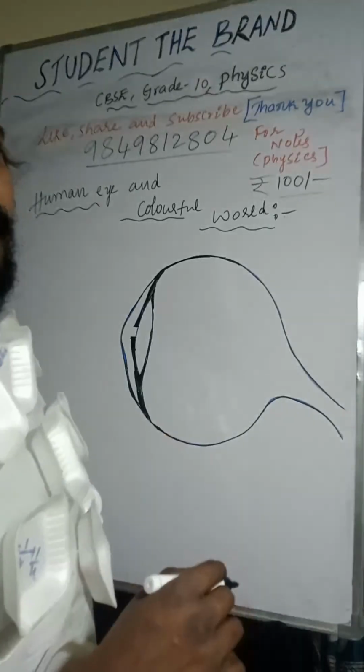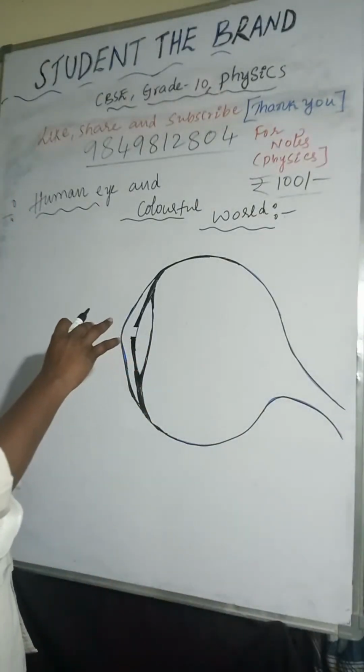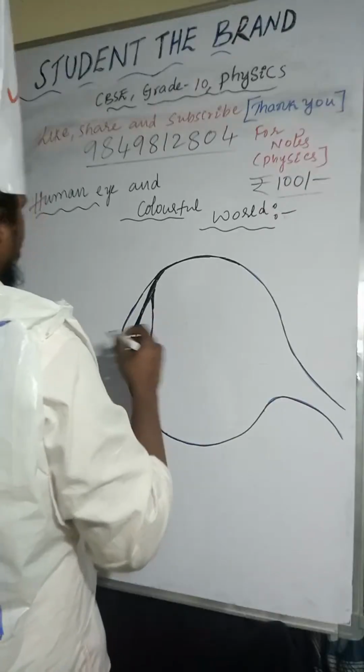Okay, so cornea: the frontal, protective layer of the human eye is called the cornea. So this is the cornea.